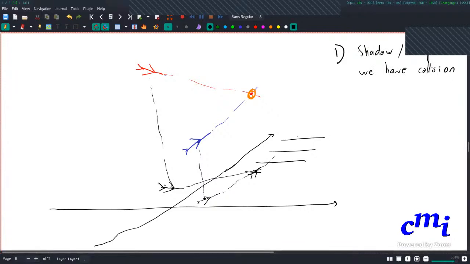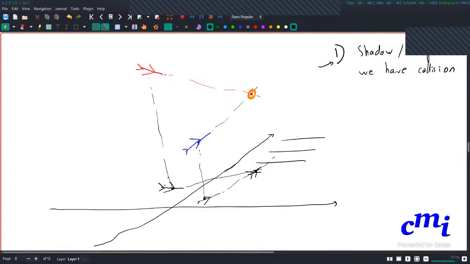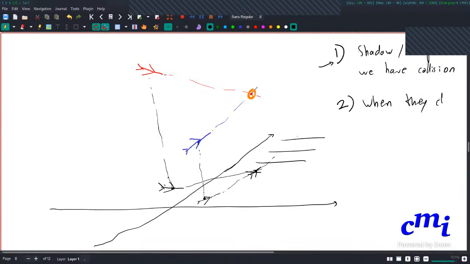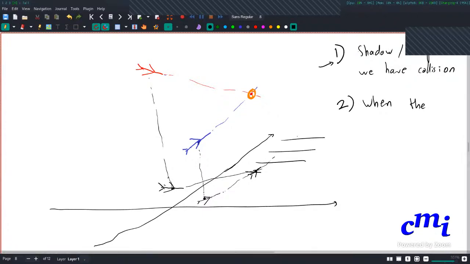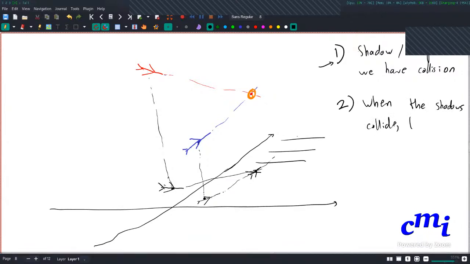And the other thing is, this is actually not enough, or this might happen even when there is no collision, because it might be that they're just flying over each other, for example. So to prevent that situation, the other thing is, whenever the shadows collide, they must have the same altitude.